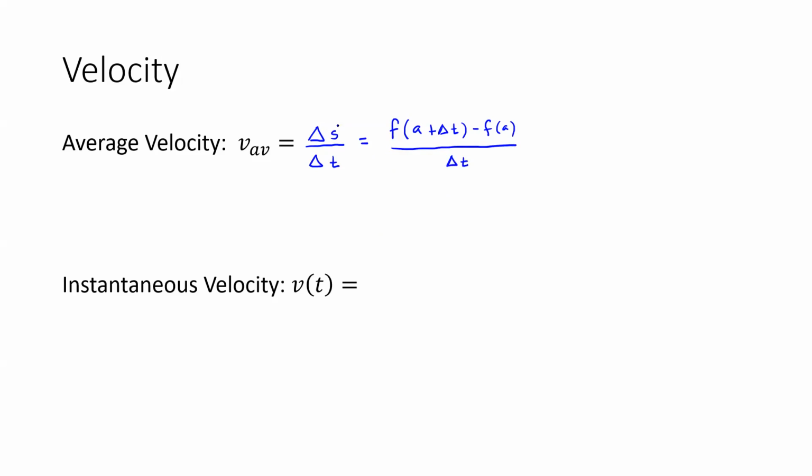Okay, so it's the displacement, the total change in position divided by the change in time. Essentially, it's the same as our average rate of change, in this case of position. So the average velocity is really the average rate of change of position.